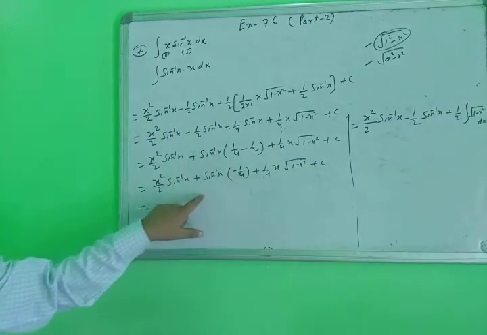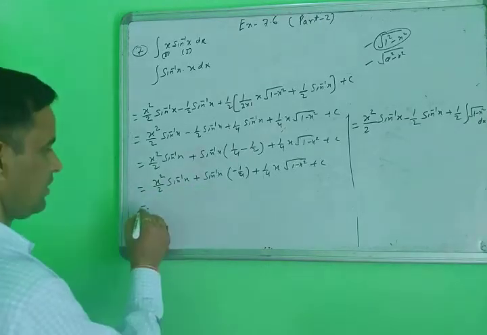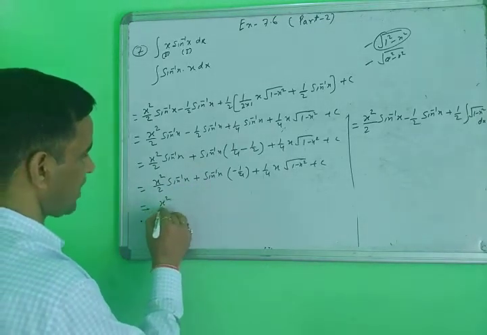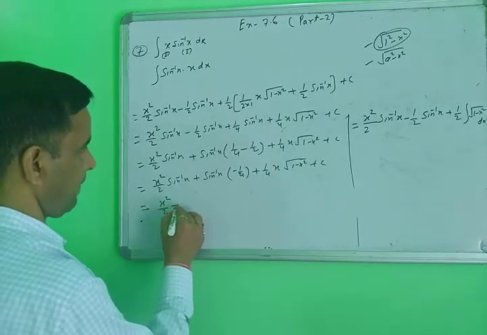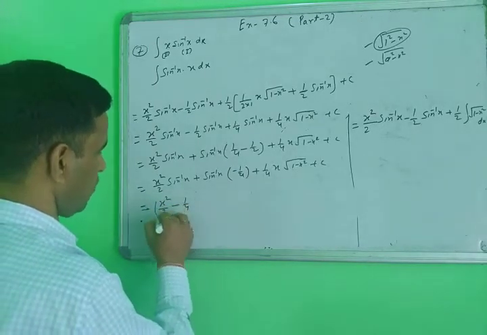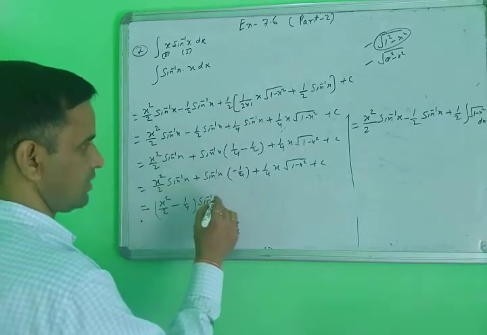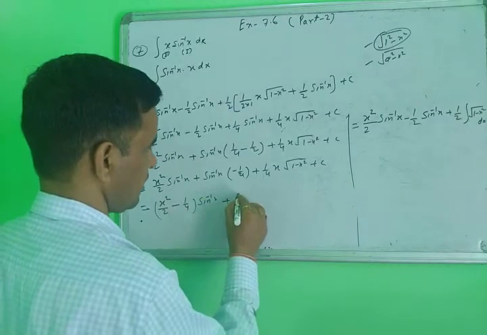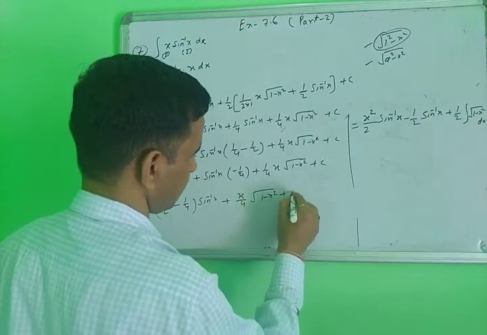Minus 1 by 4 or plus 1 by 2, this sin inverse x again taking common here, then what is left? x square upon 2 minus 1 by 4 sin inverse x, plus x upon 4 root 1 minus x square plus c.